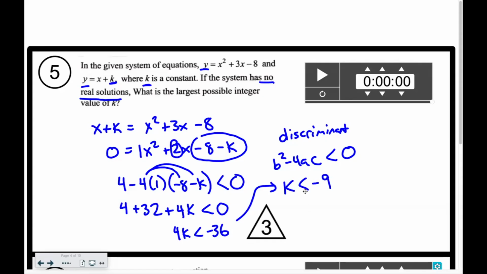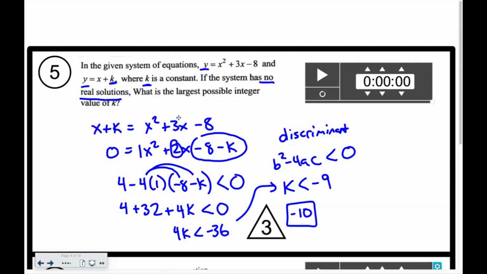So that's what the discriminant tells me: as long as k is less than negative 9, I will have no solution. So the largest integer that it could be is actually negative 10, because it has to be an integer. It can't be negative 9 because it has to be less than negative 9. So the largest integer that's less than negative 9 is negative 10.